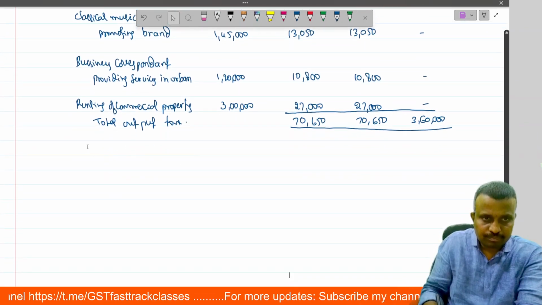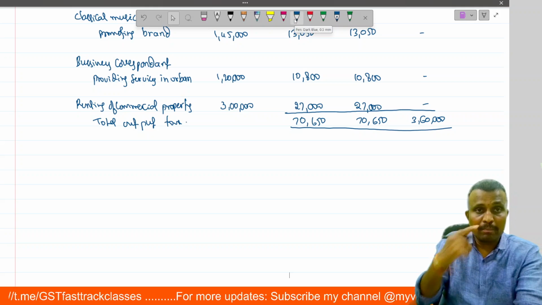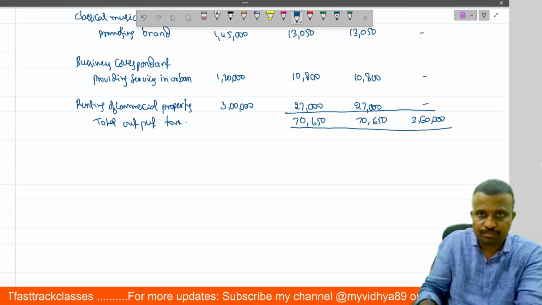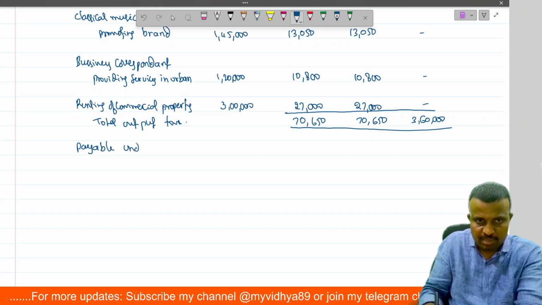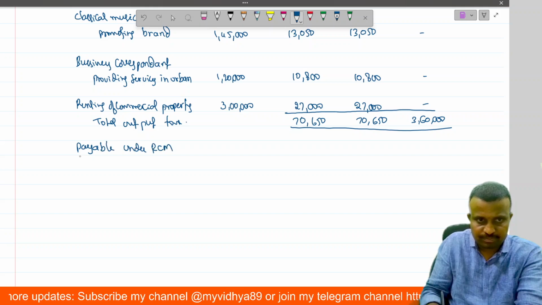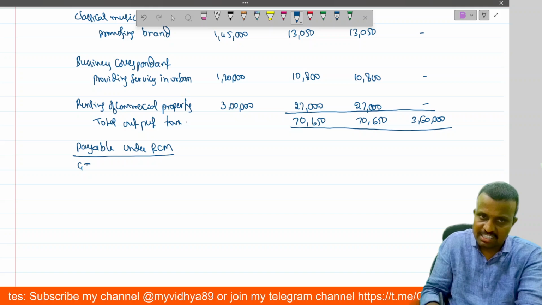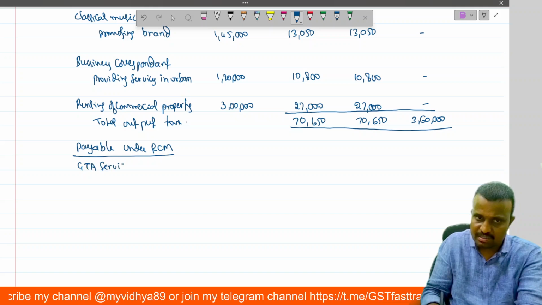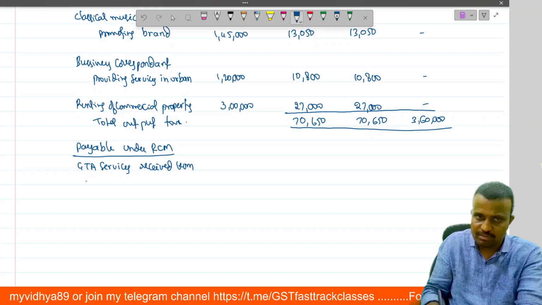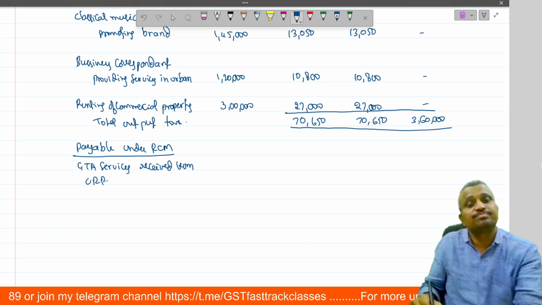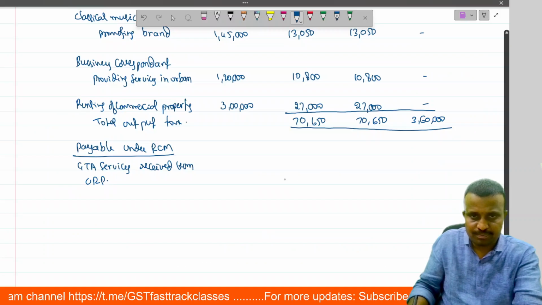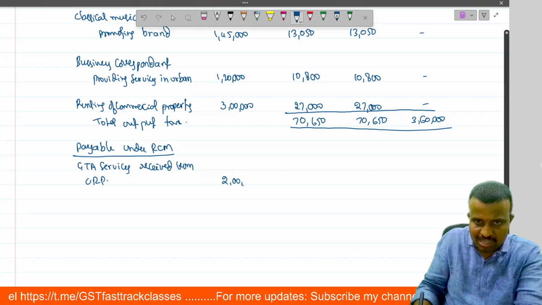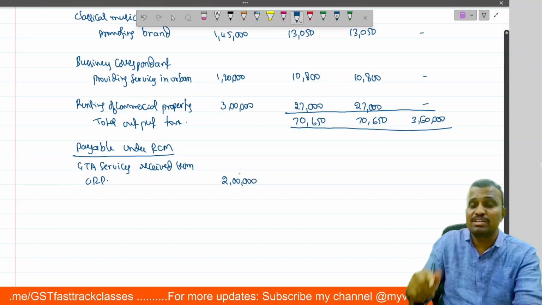And next. One more payability we have, nothing but payable under RCM. Nothing but GTA services received from an unregistered person. How much amount of GTA services did we receive? 2 lakhs. What is the rate?